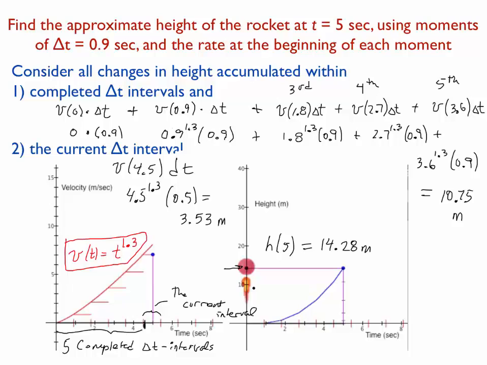We only added four moments, not 5. Oh, maybe you added 4, we added 5. Here's 1, 2, 3, 4, 5. And lots of people told me that was 10.75. I've listed out all 5 of them here. And we got 10.75 for those 5.